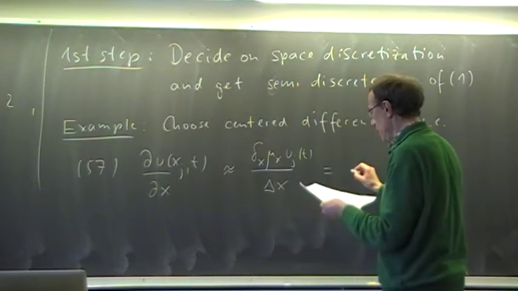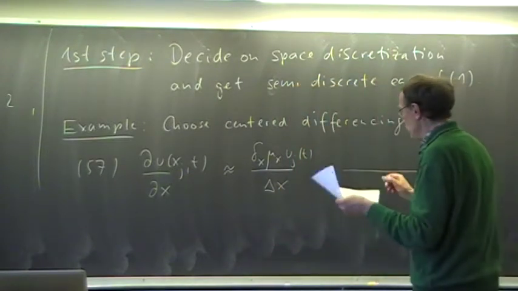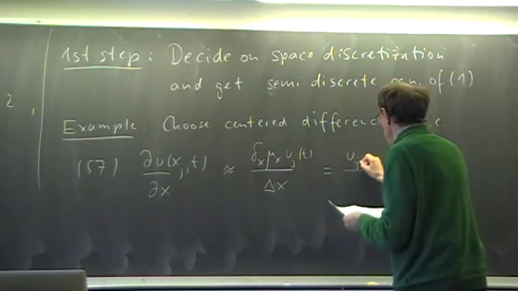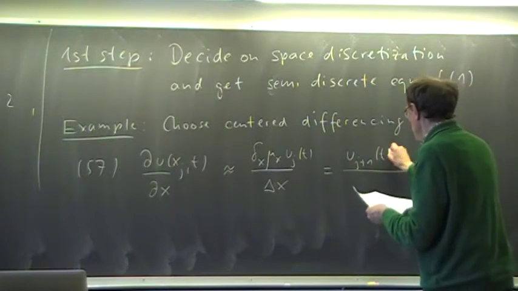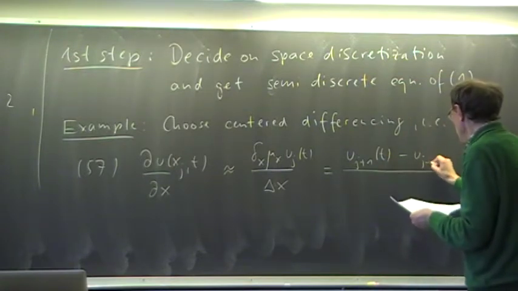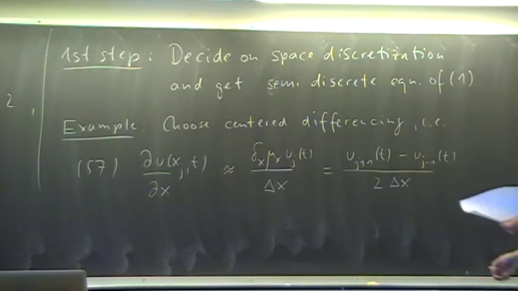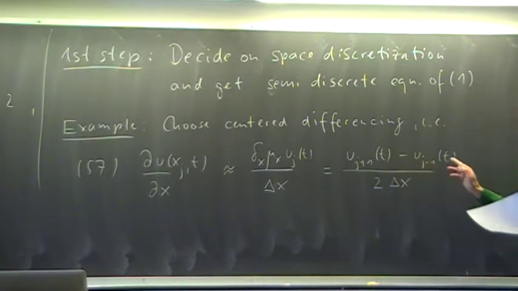And this is a symbolic way of writing the difference between u_{j+1} of t minus u_{j-1} of t, divided by 2 delta x. So we do simply a central discretization of the first derivative. And we write here the t because the time is still continuous. And that is then inserted into the linear advection equation.